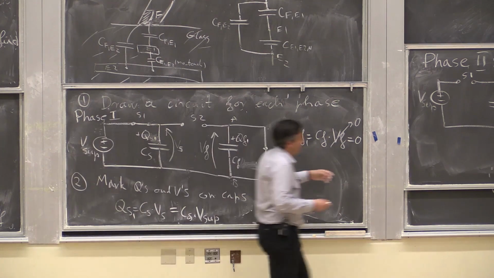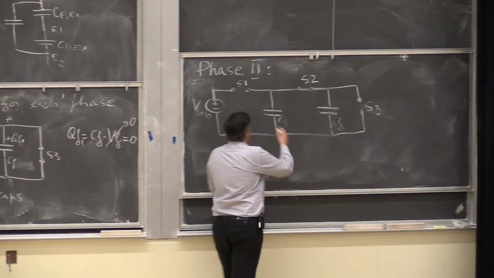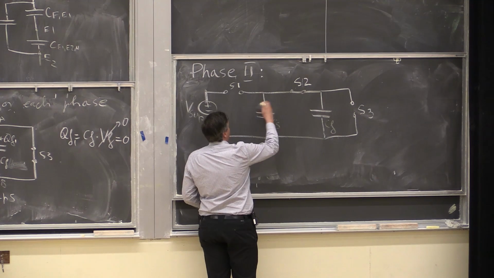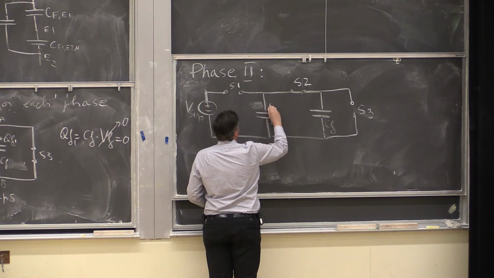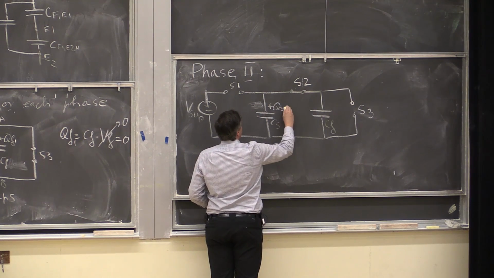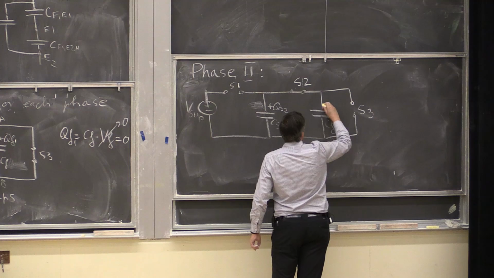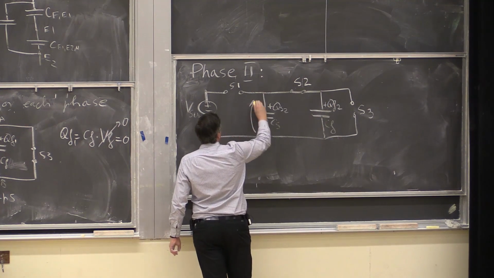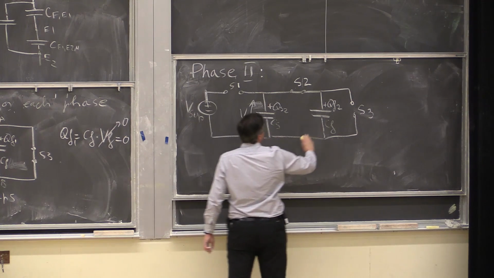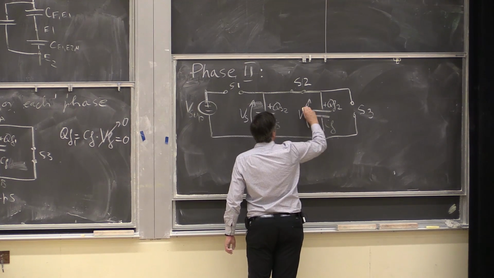So here I'll have plus QS2, and here plus QF2. This will still be voltage VS, and this will be voltage VF.